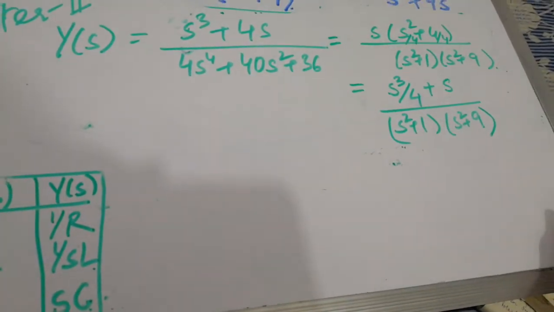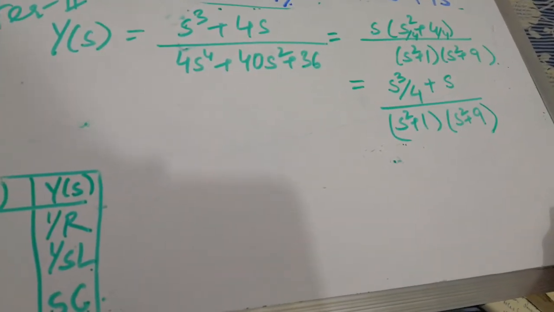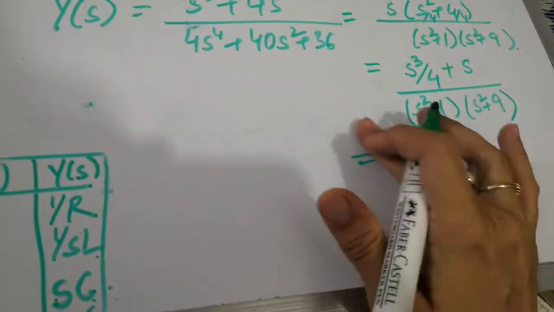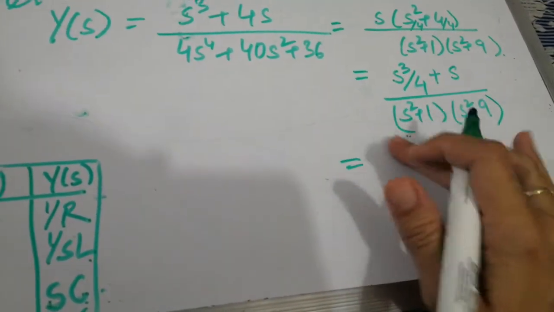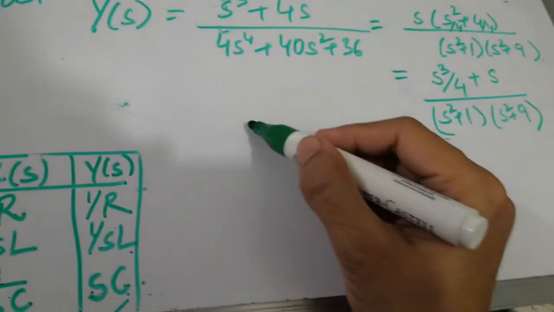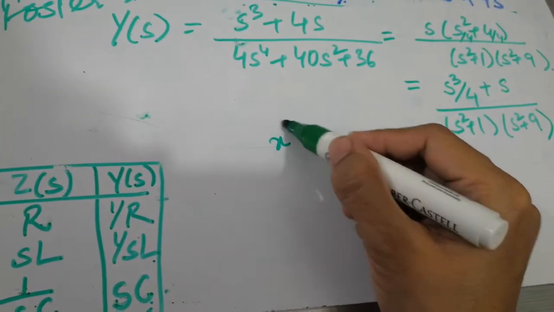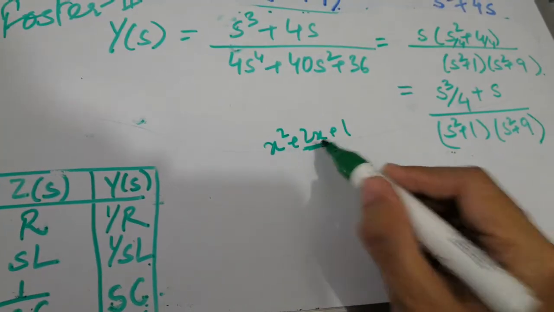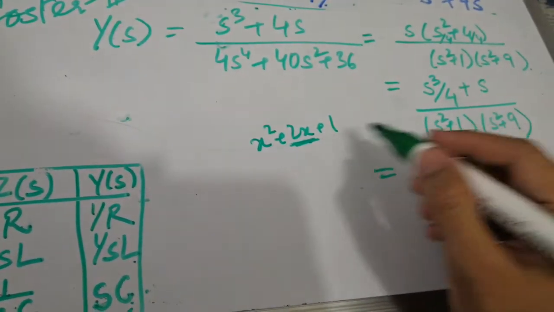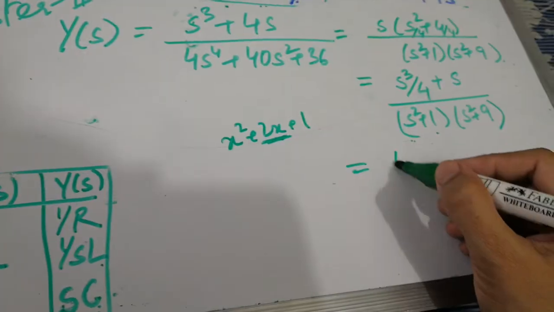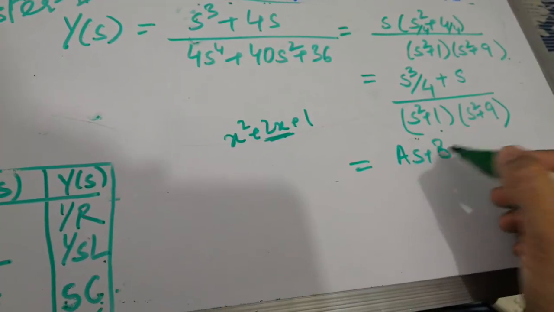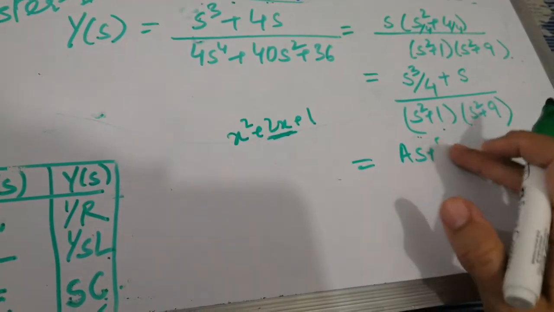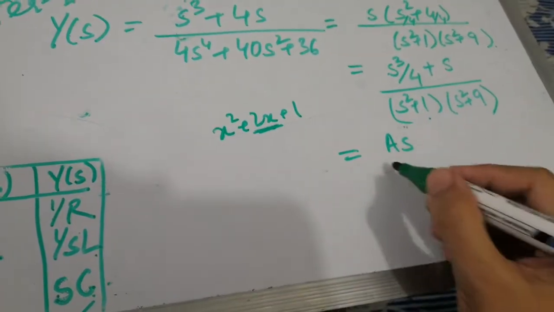Now I have to write it in my partial fractions form. So it will be equal to, whenever a term is missing, like we write x square plus 2x plus 1, if this term is missing like in here, otherwise we have to write in the partial fraction format as as plus b plus cs plus d. This term is always going to come out as 0.